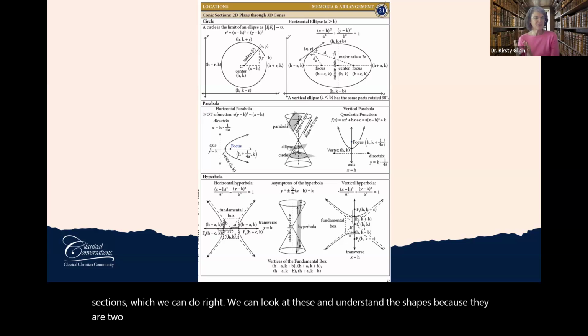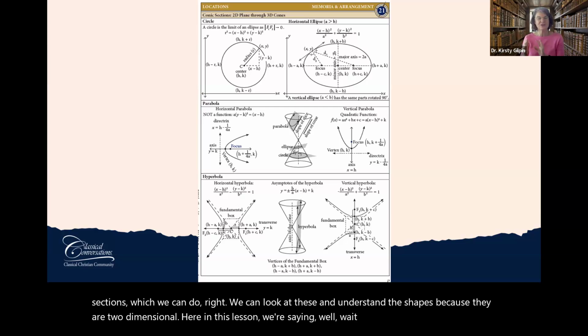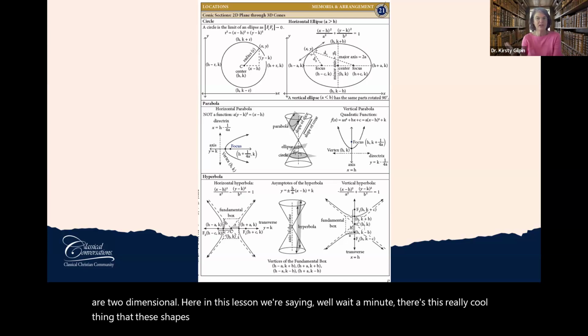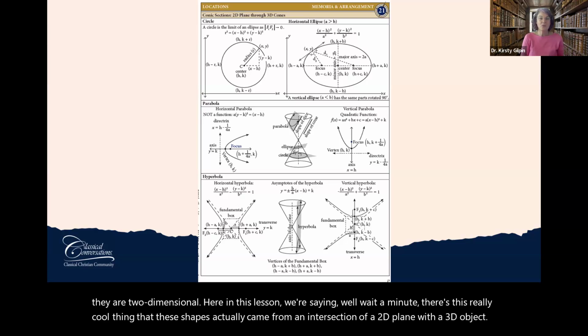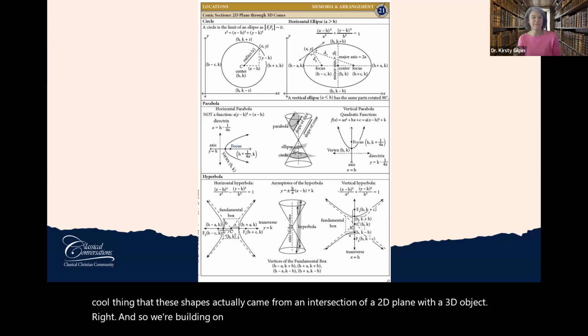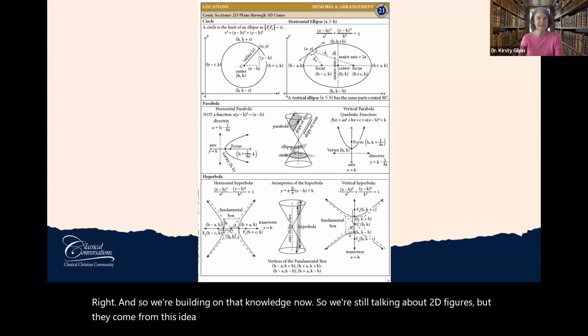Here in this lesson, we're saying, wait a minute, there's this really cool thing that these shapes actually came from an intersection of a 2D plane with a 3D object. And so we're building on that knowledge now. We're still talking about 2D figures, but they come from this idea of 3D-ness.